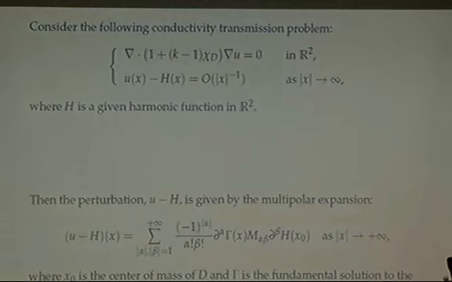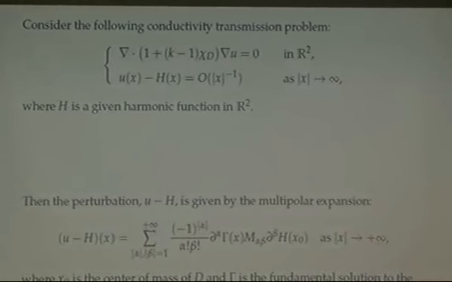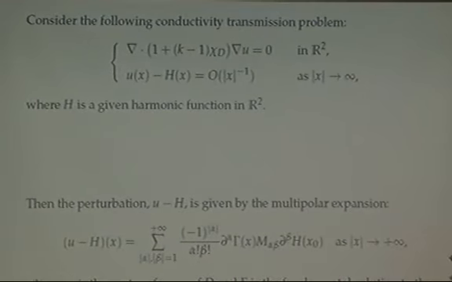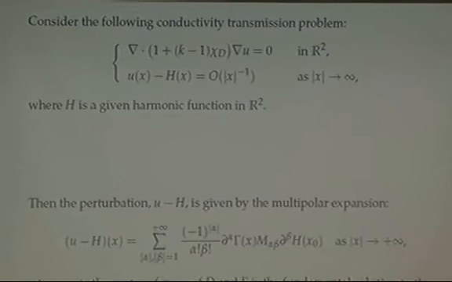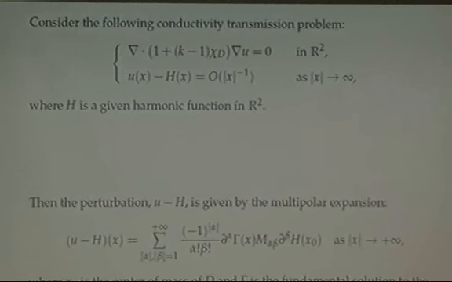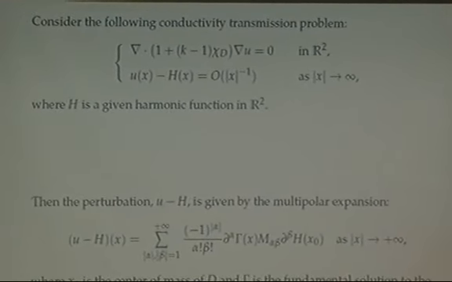Now, if you look at this asymptotic expansion, U is the perturbed solution and H is the given harmonic function. The difference is the summation of derivatives of the fundamental solution to the Laplacian, derivative of gamma, times M alpha beta, which we call the generalized polarization tensor, and the derivative of the applied harmonic function.